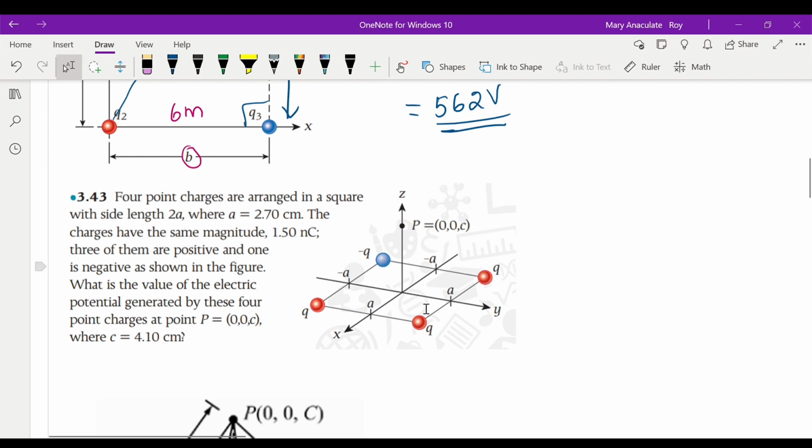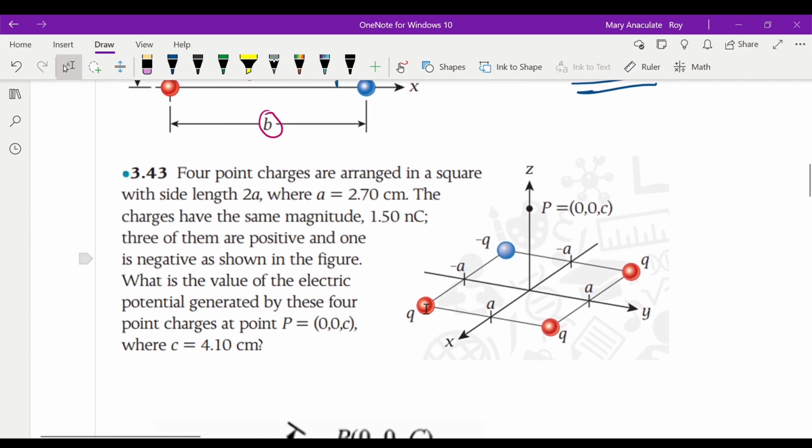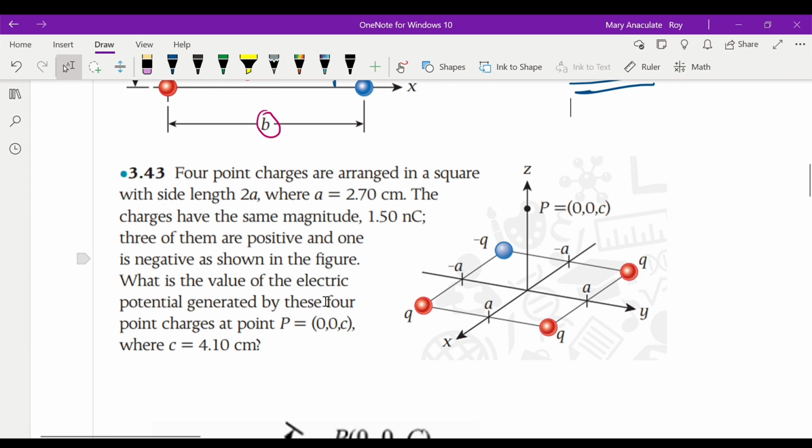This is the picture given to you, so you can pause it and take a minute or two to read and understand what is asked, because you may get a similar or a bit different type of question, but keep in mind your aim is the same: to find the distances and apply them in the formula. Most of the times one or two of the distances might be missing, so you'll have to use your math skill, trigonometry, and then figure it out.